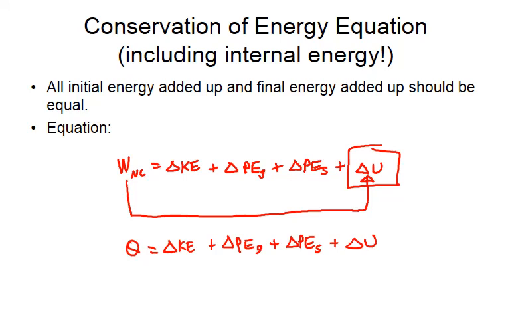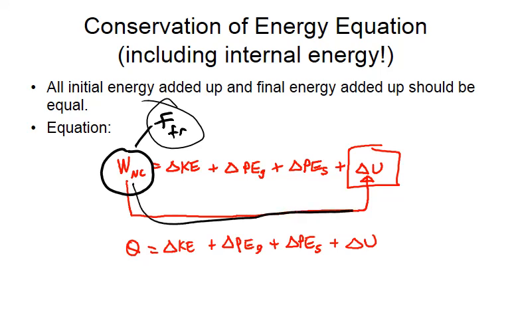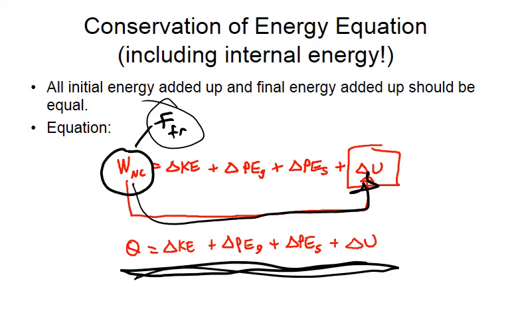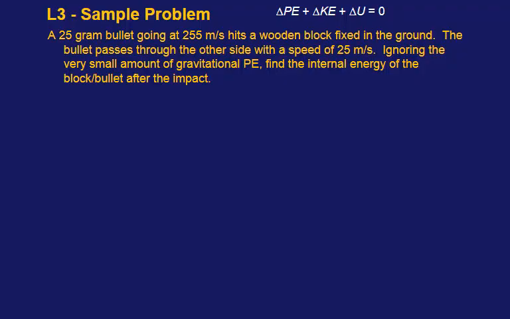So what happens is, non-conservative work is caused by friction, force of friction, and therefore it's going to be taking away from the energy of the system. We can bring it over, and this becomes part of this full equation here. And looking at non-conservative work in relation with the change in internal energy, very critical here.